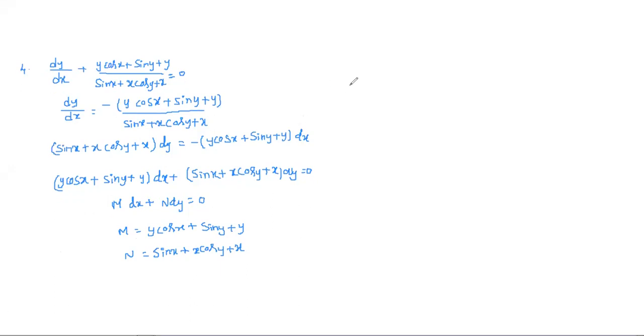First, M with respect to y means x is a constant. So in y cos x, cos x is constant and the y derivative is 1, and next sin y derivative is cos y, and the y derivative is 1. And next N with respect to x: sin x derivative is cos x, and next x cos y with respect to x means y is a constant, so cos y, plus the x derivative is 1.